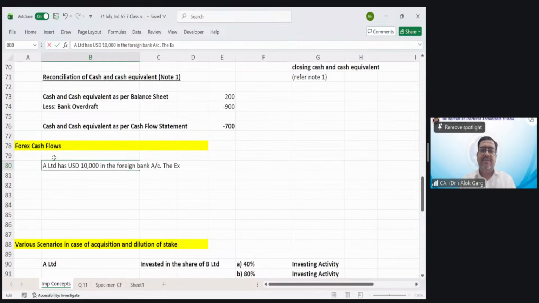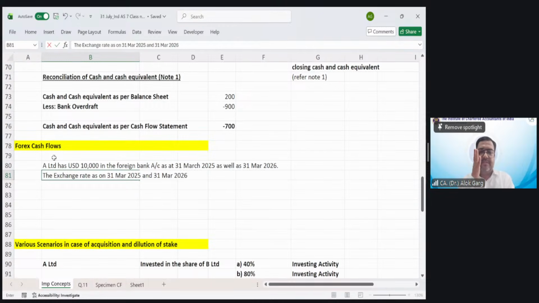The exchange rate in the foreign bank account as at 31st March 2025 and 31st March 2026 is 85 and 95 respectively.